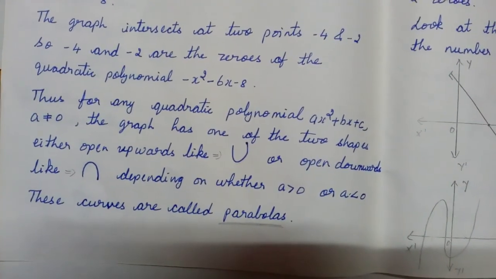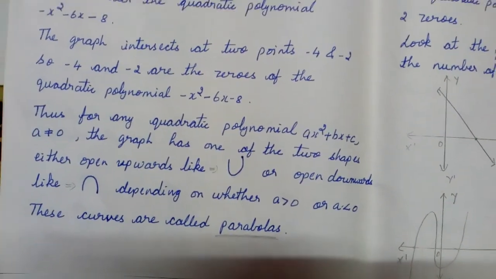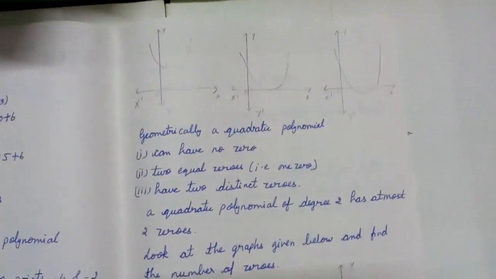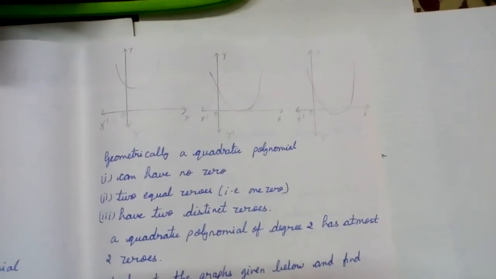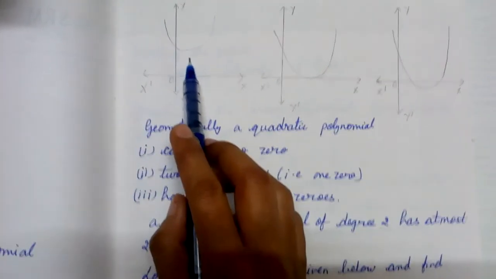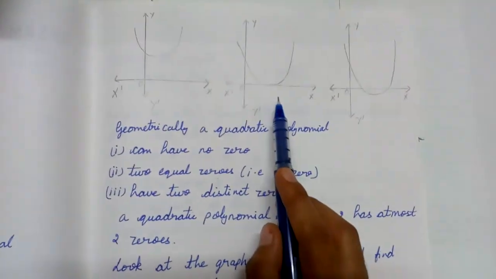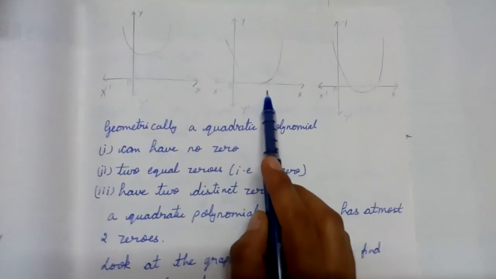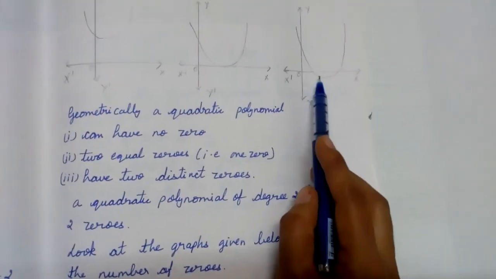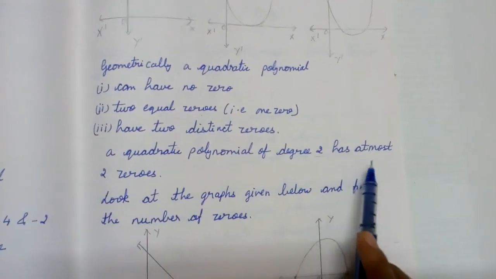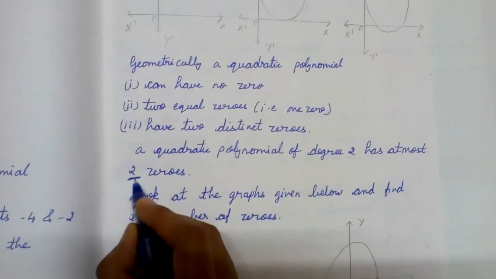These curves are called parabolas. We can conclude that geometrically a quadratic polynomial can have no zeros, because it does not intersect the x-axis, or it can have two equal zeros or one zero, or two distinct zeros. Thus, a quadratic polynomial of degree 2 has at most two zeros.